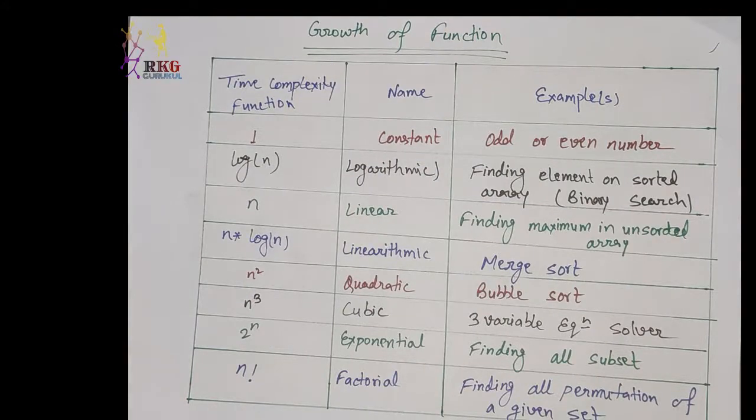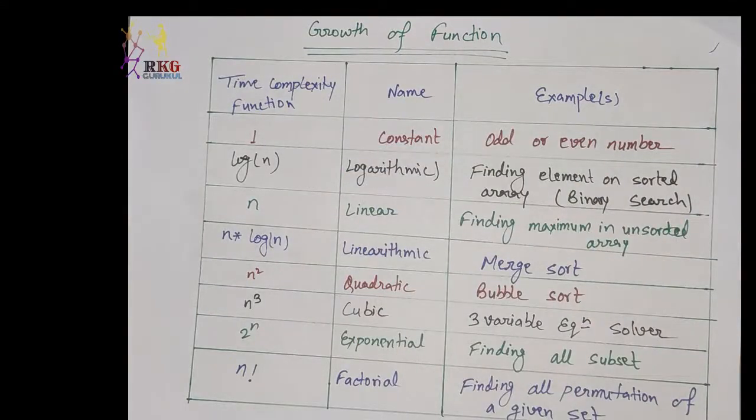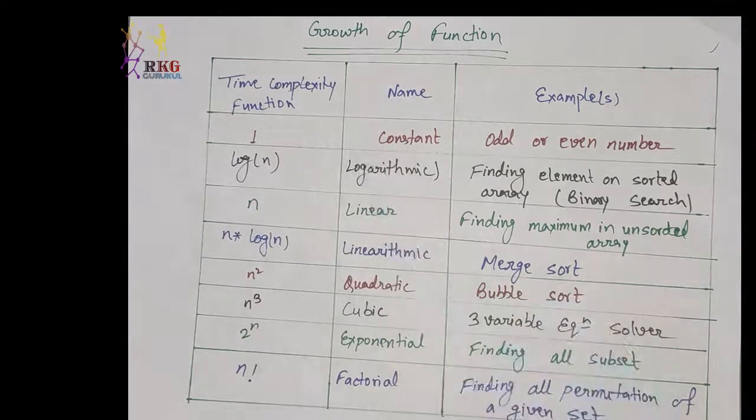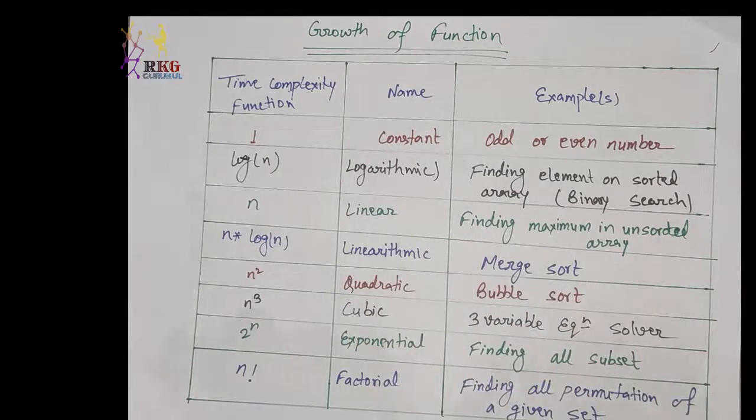So we can get these different time complexity functions for different algorithms. First is 1, that is called constant time complexity. An example of constant time complexity is finding an odd or even number for a particular integer.